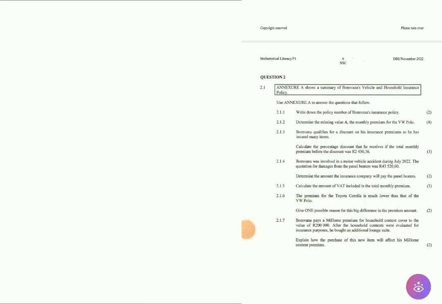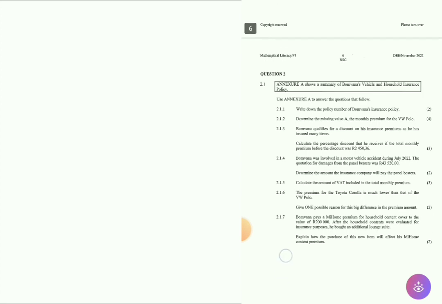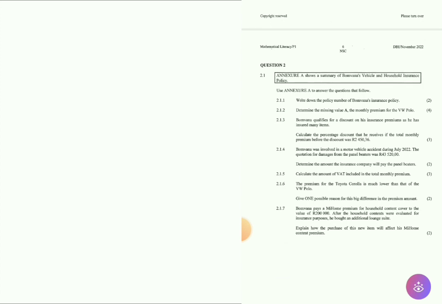Determine the missing value A, the monthly premium for VW Polo. So that's 2.1.2. We have to determine the missing value.